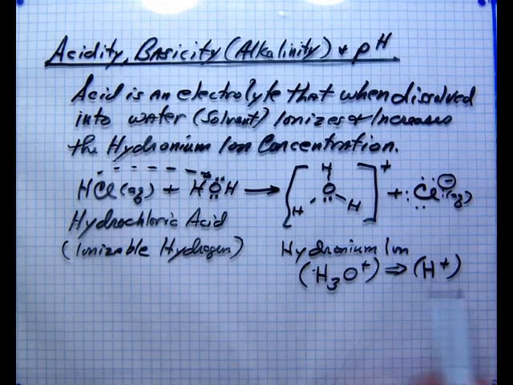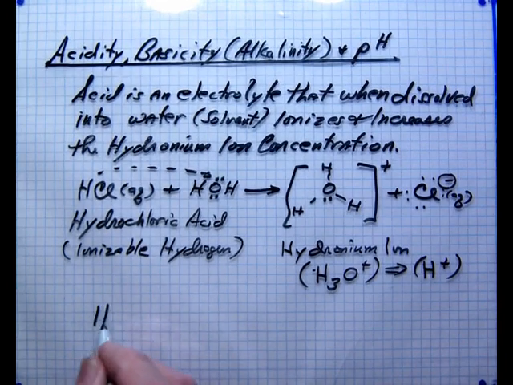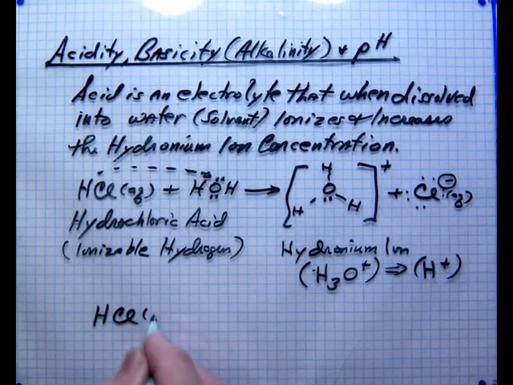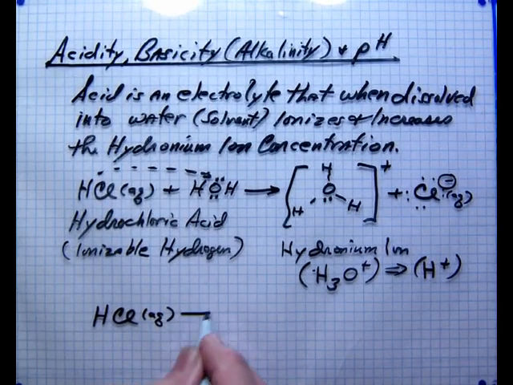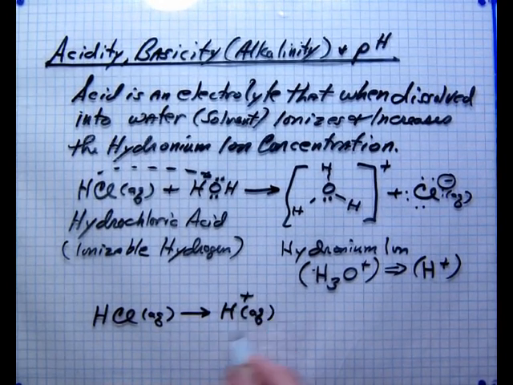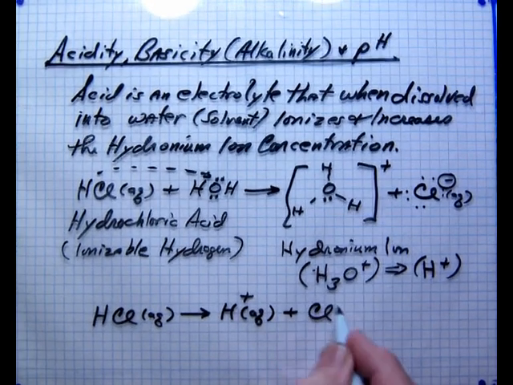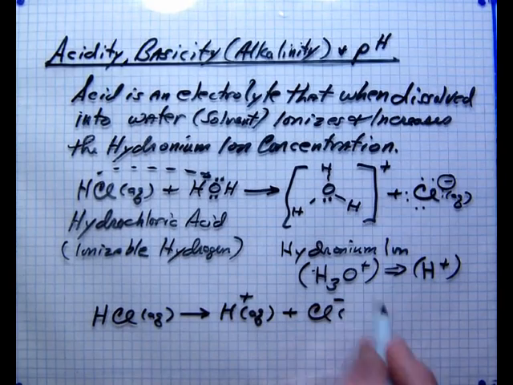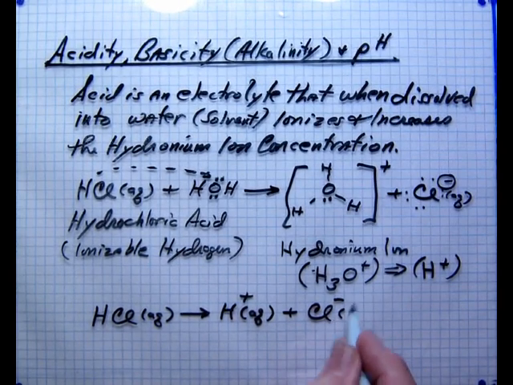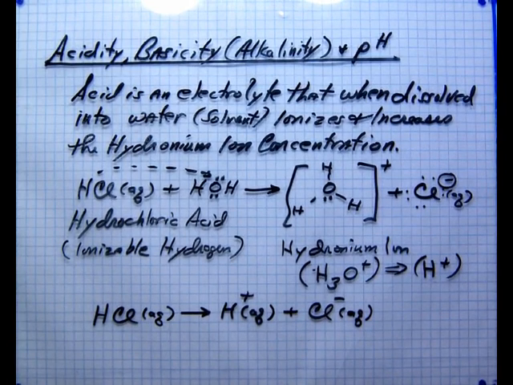Using the condensed or abbreviated notation, we'll just simply say HCl in water will ionize to deliver an increase in hydronium ions, H+, plus the halogen anion, chloride, and represented in that capacity.